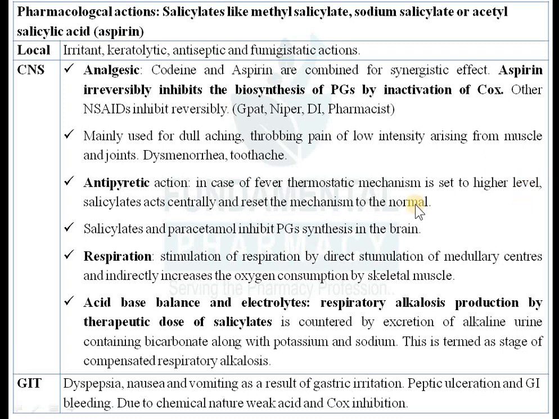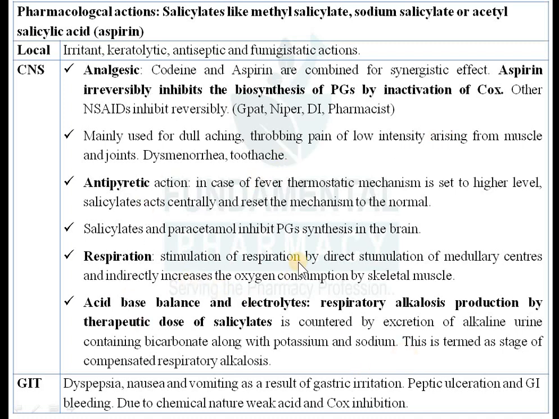Salicylate acts centrally and resets the mechanism of thermoregulation to normal, and that's how it relieves your increased body temperature. Then salicylates and paracetamol inhibit the prostaglandins in the brain also by acting on COX-2.